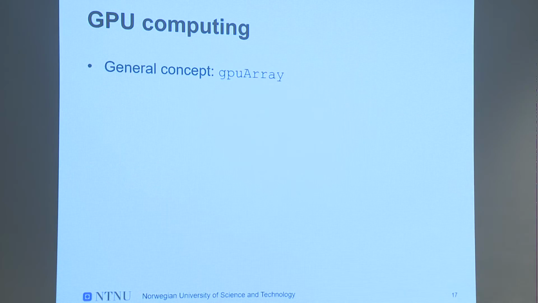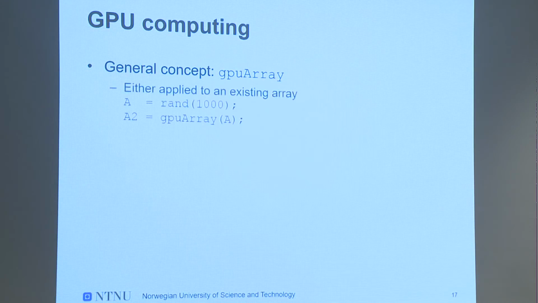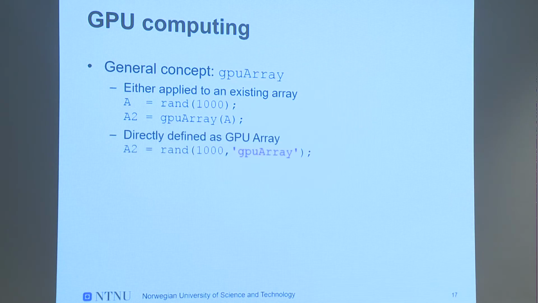And the simple way you can do that is using the command gpuArray. You can do that in multiple ways. The simplest one is you define a matrix, here 1 million double precision values, and just call gpuArray of the matrix. The disadvantage in this case is you have that in the memory. If you don't want that, you can directly define it as an additional argument.